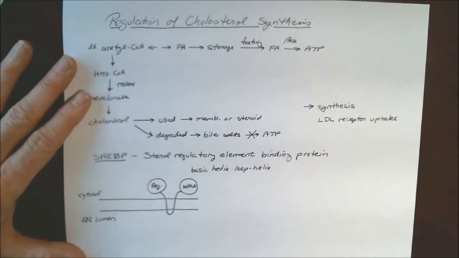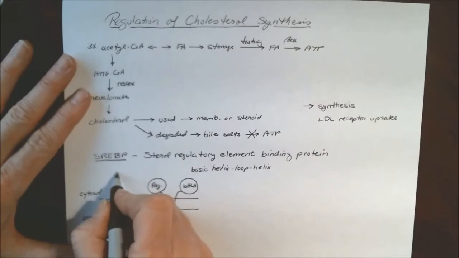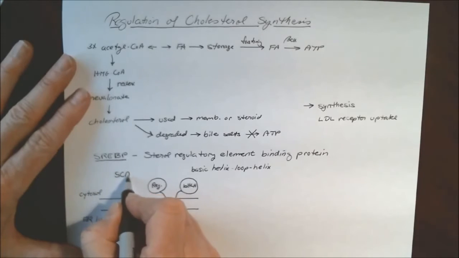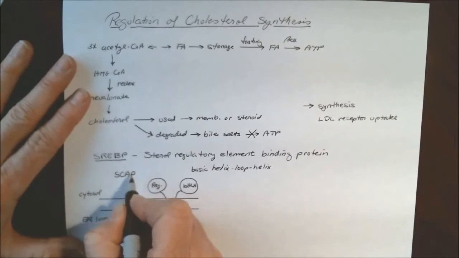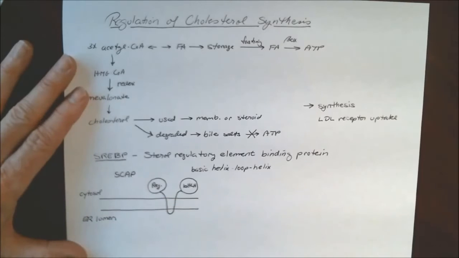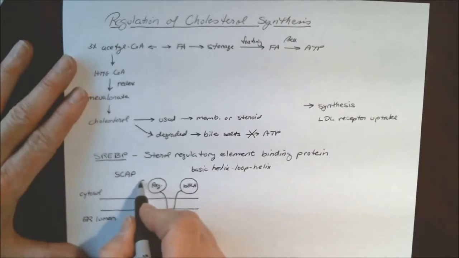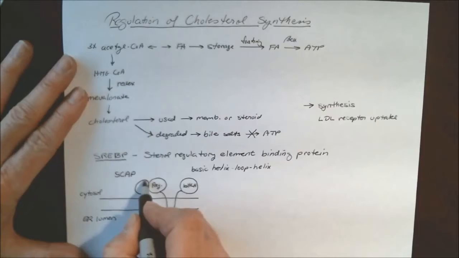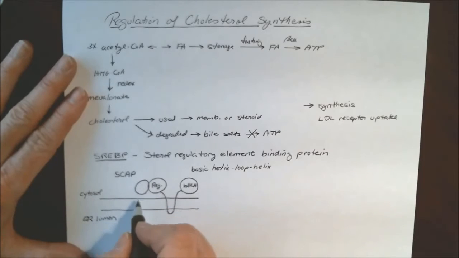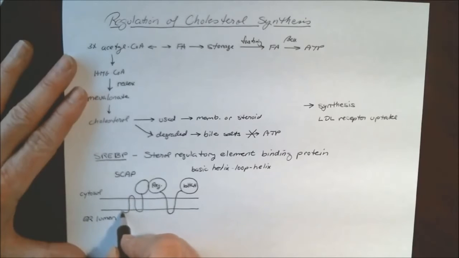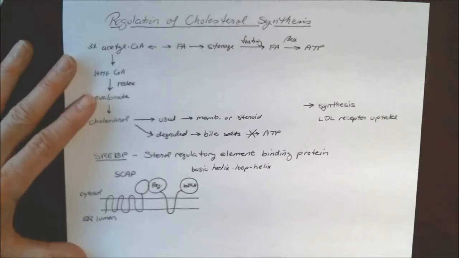Now the other part of this system that we have to consider is another protein called SCAP. And SCAP serves as a binding protein that interacts with the regulatory domain, and this protein also traverses the membrane a number of times to make a serpentine structure.